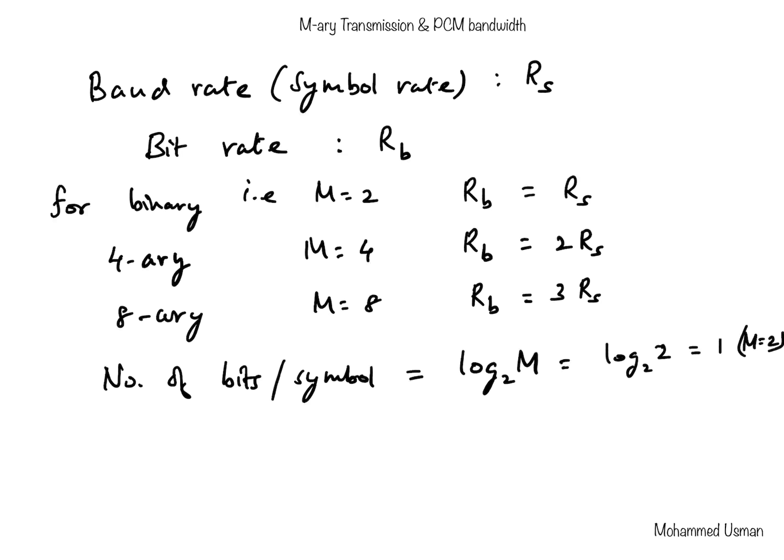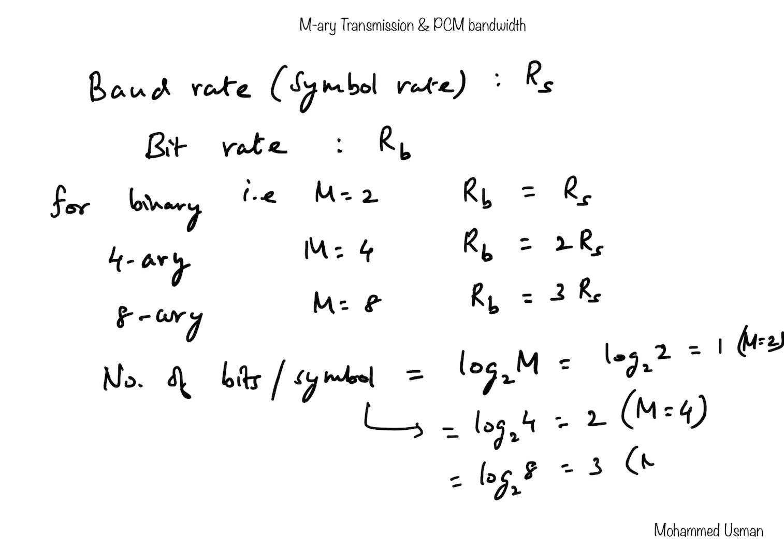Similarly, when M is equal to 4, the number of bits per symbol would be equal to log to the base 2 of 4, which would be 2. That's for M equal to 4. And similarly, log to the base 2 of 8 is equal to 3, for M equal to 8. And for M equal to 16, we'll have 4 bits per symbol, and so on.